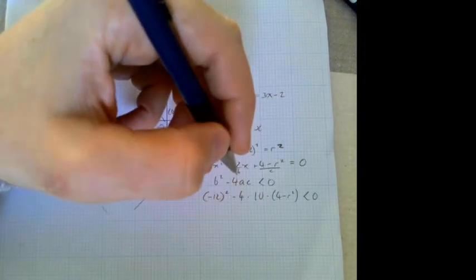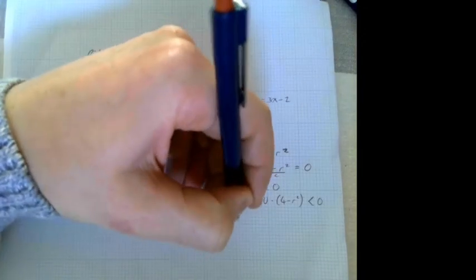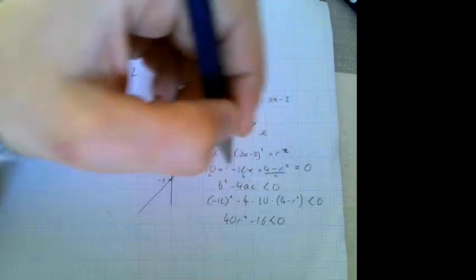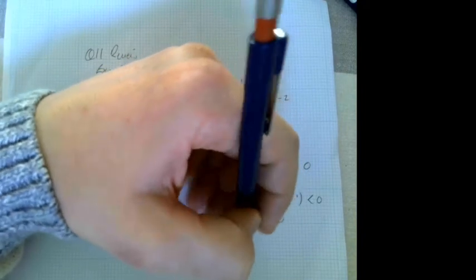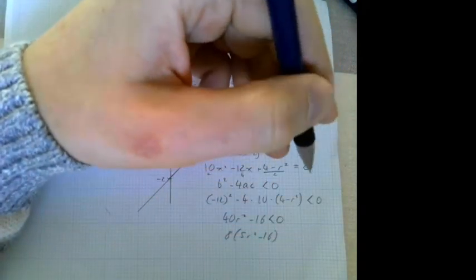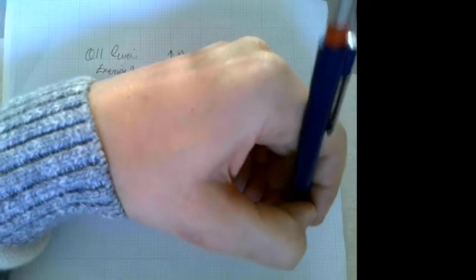Working through that, we get to 40r squared minus 16 is less than 0, and then we can factorise that to 8 lots of 5r squared minus 2 is less than 0.